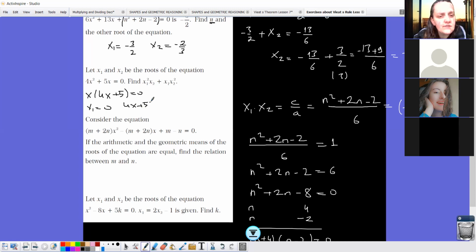And 4x plus 5 is equal to 0, so x2 will be minus 5 over 4, yes? So directly you are finding the roots, and because x1 is 0, in both terms it will make 0. This one will be 0, this one will be 0, then the result will be 0. Okay? Guys? Yes, teacher, it's okay.